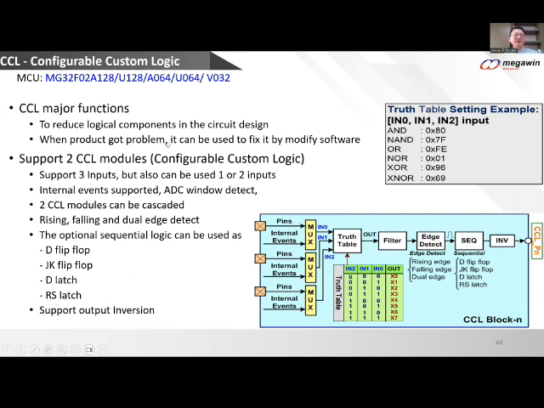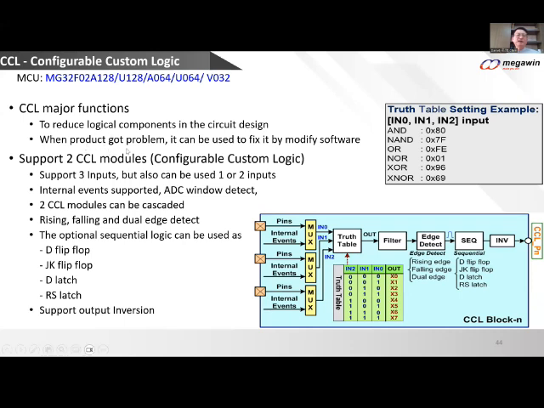Okay, next one is the CCL. CCL means configurable custom logic. The major function of the CCL is like a very tiny FPGA. If you want to do some small logic in the system that can be modified by software, it will be useful.